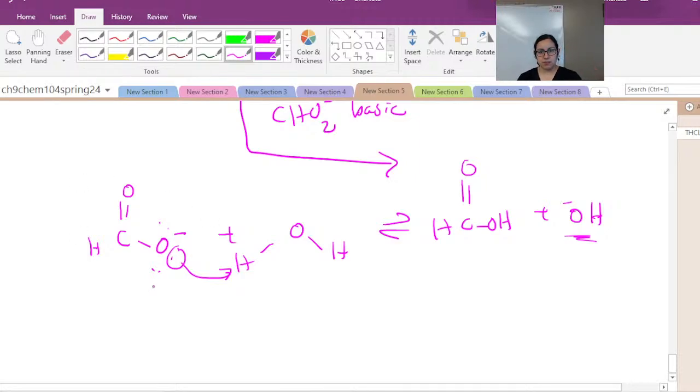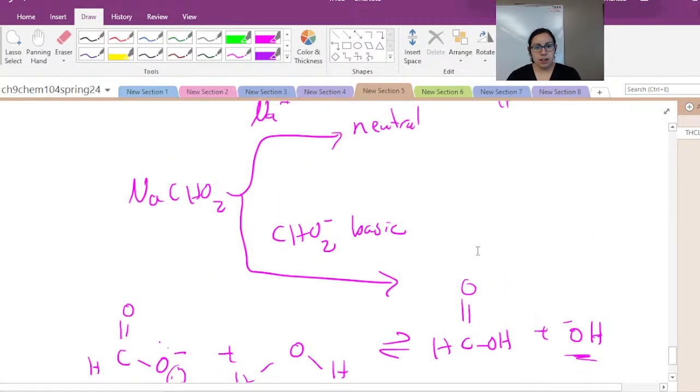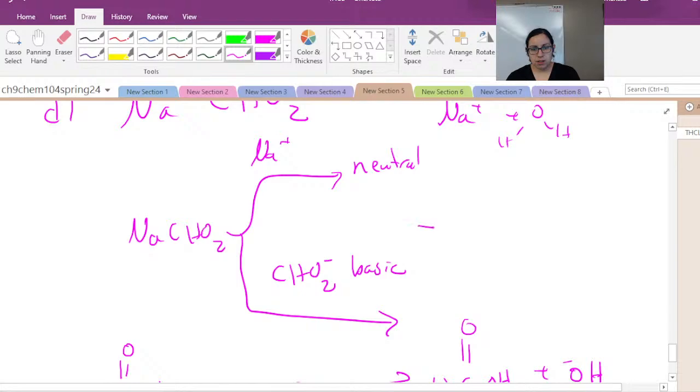That's always what you've got to do: you reframe it, take the formate, react it with water, and see what happens. So that makes this one overall basic, since our sodium was neutral.